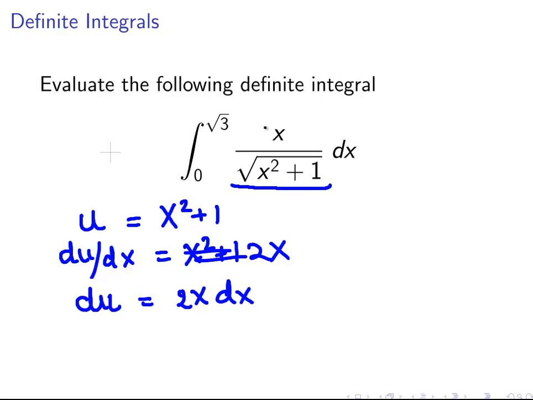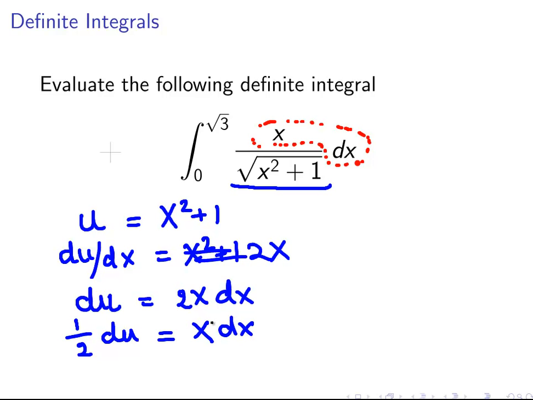I'll draw your attention to the expression, which contains the term x times dx, two parts of a product. So we go one step further and divide both sides by 2, so we have 1/2 du equals x dx.